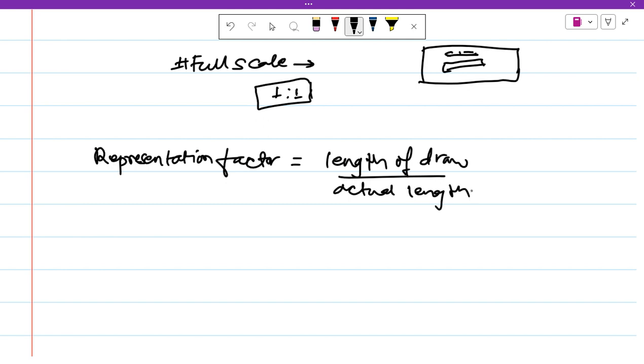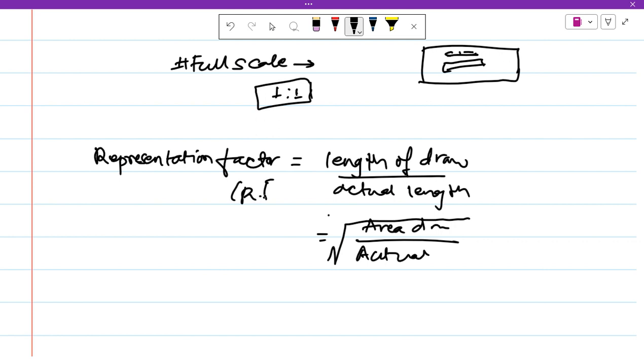If you have a rectangular area, then it is the area of the rectangle in drawing upon the actual area, under a square root. Why is this in square root? Because the reducing factor or RF is generally represented in terms of the ratio of length.